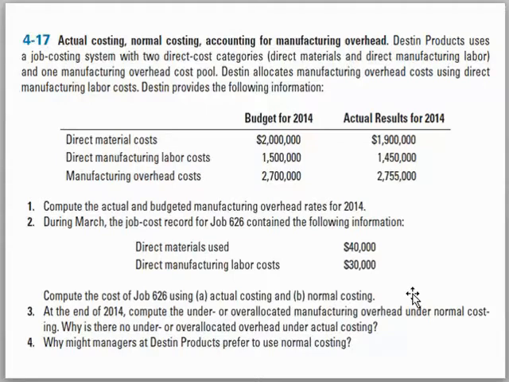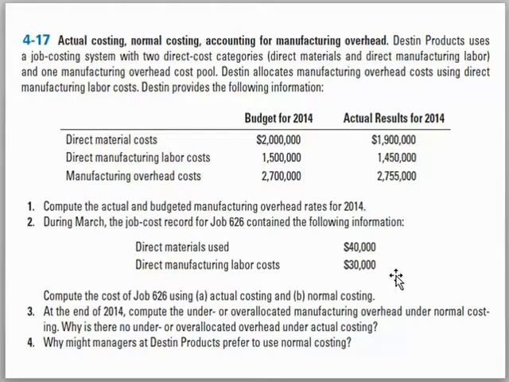To calculate the cost of any job, we must add the direct material used and the direct manufacturing labor costs, adding to them the allocated overhead cost or the factory overhead.